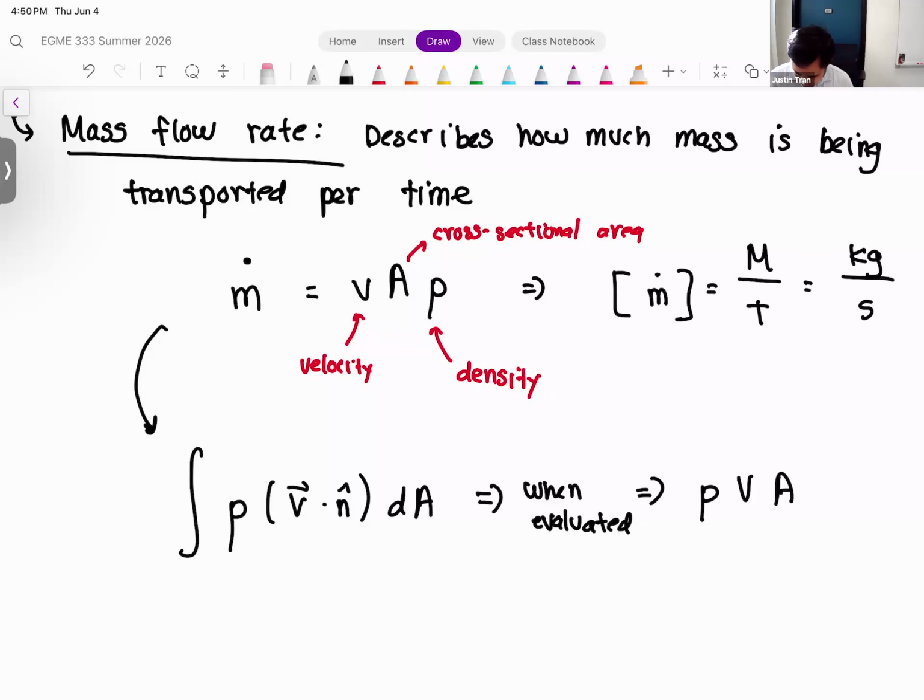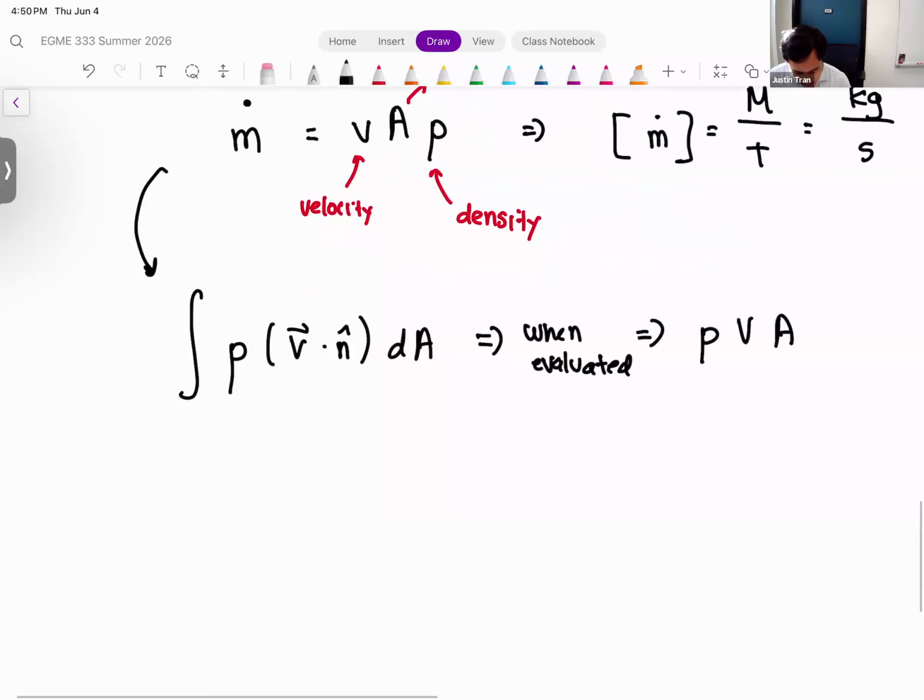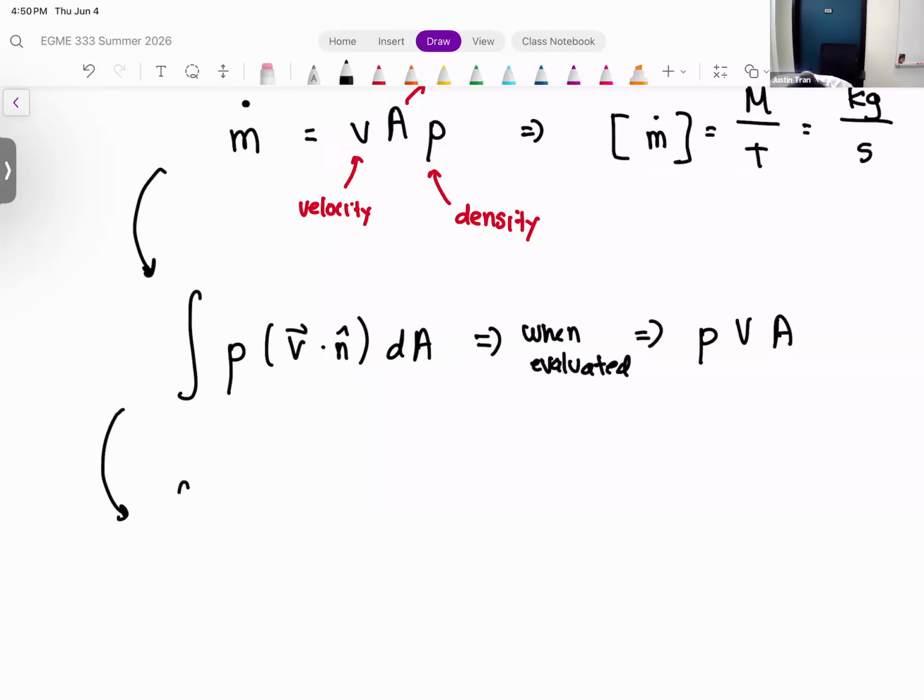And that means that we can actually take this term here and rewrite it in a more convenient form. When people are first starting out, using Reynolds transport for the first time, people like this form because it's a bit more intuitive.